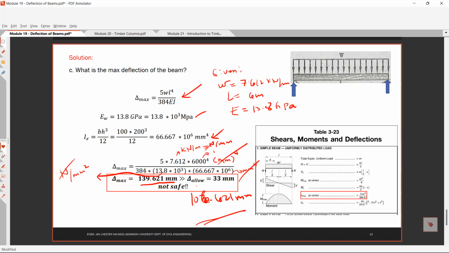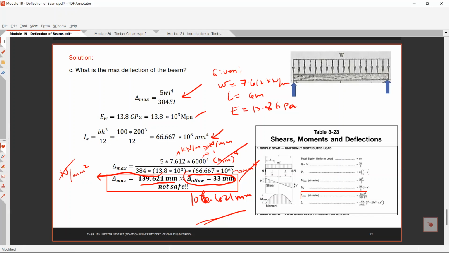And maybe you will reconsider itong allowable deflection nyo. Sabihin mo sa architect, magde-deflect yan ng ganyang kalaki. So kung maglalagay tayo dyan ng glass, sure yan, magka-crack yan. So yan yung mga instances.